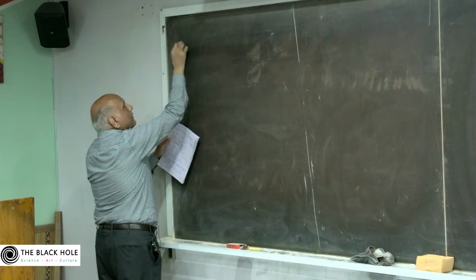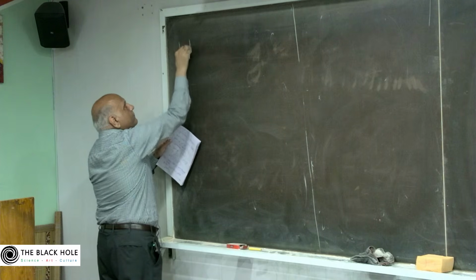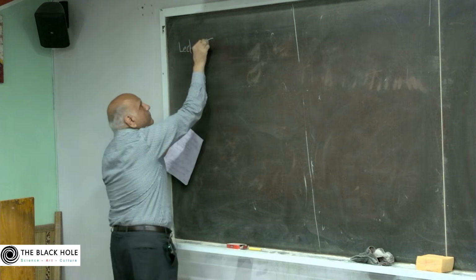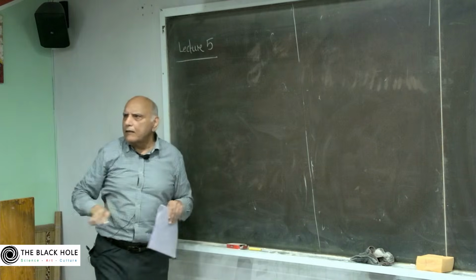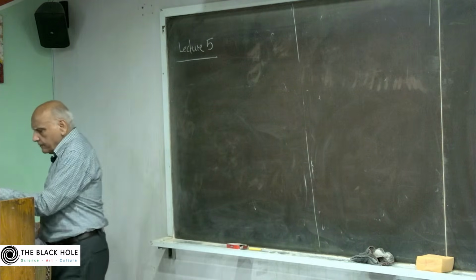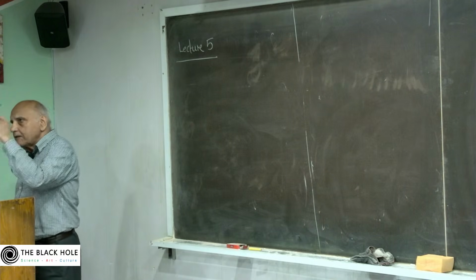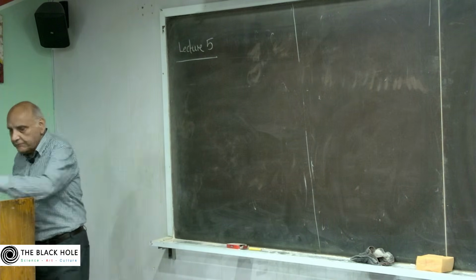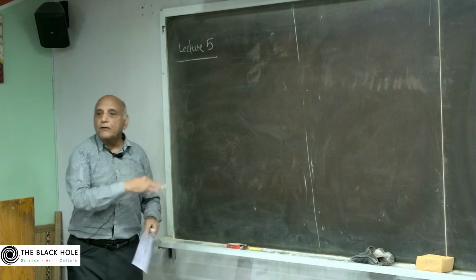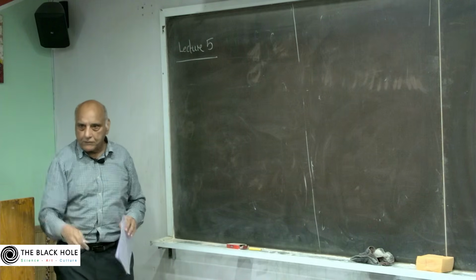So this is lecture 5. How much time is left? 1 hour. Okay. Anyway, this is so important that even if we don't finish it, we will continue next time.